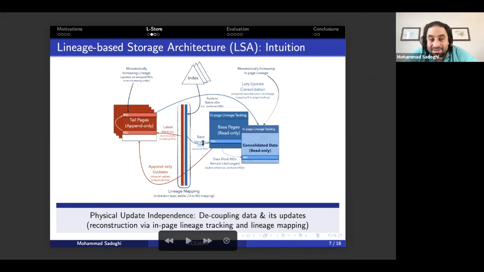So the base page has a single record. The base page is a single slot that never changes. Once a record gets a base RID, or even calling it a LID here, say a base RID of 5, it will always be 5. That will never change.